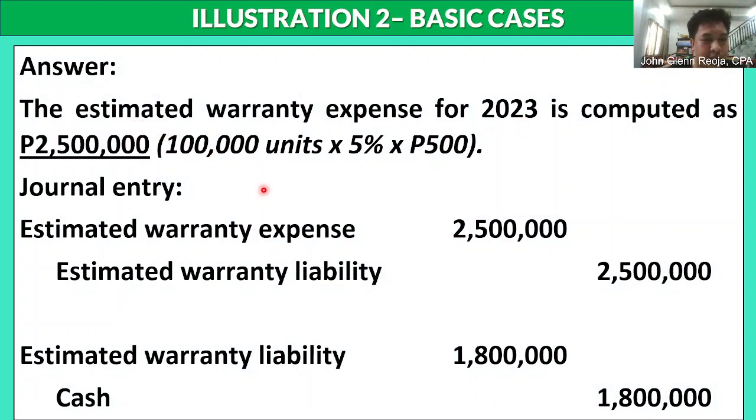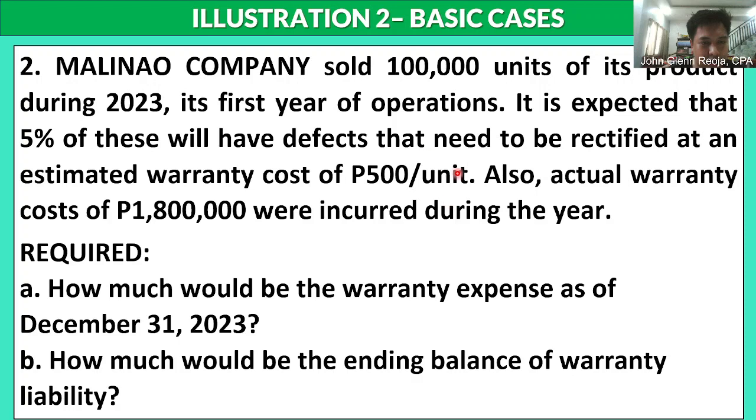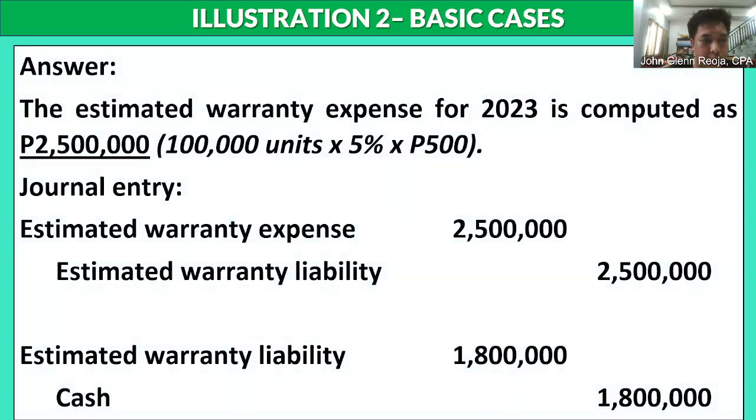Bakit 2.5, sir? 100,000 units yung nabenta times 5% is expected. Yan. Estimated, expected. No? So, 5% of the total units times magkano yung magastos sa mga defected units. No? That is 500 per unit. So, 2.5.